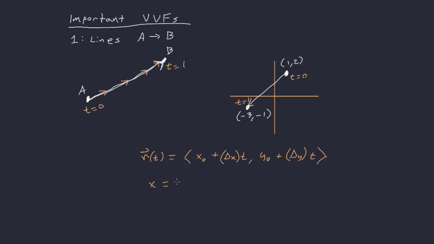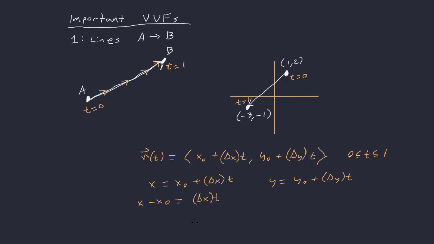We're letting x be, and specifically this will only work if we're letting t go from 0 to 1. But when x is equal to x naught plus delta x times t, and y is equal to y naught plus delta y times t, well, what we can actually do is solve this equation here in terms of t.